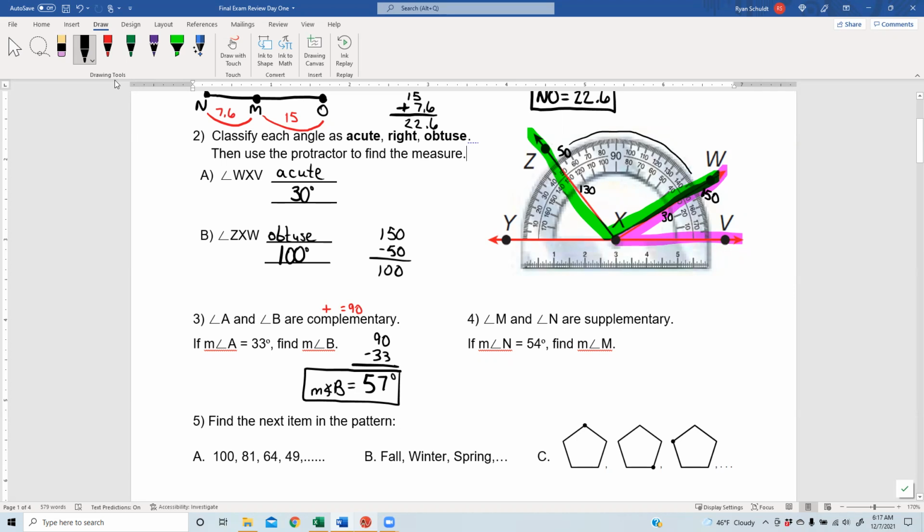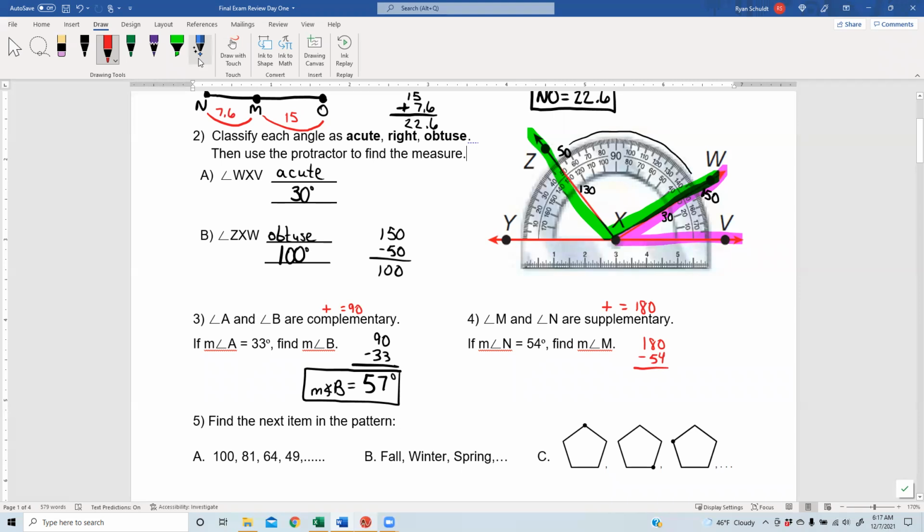And it says M and N are supplementary. Supplementary means they add to equal 180. If angle N is 54 degrees, find angle M. Well, this is just like number 3. We just subtract the angle they give us, in this case from 180, because they're supplementary.